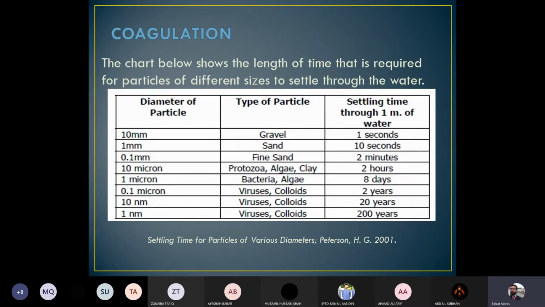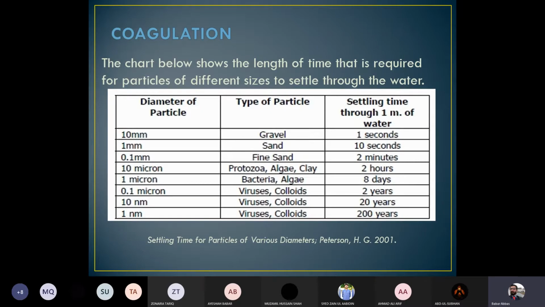So it would be mandatory to have a very huge infrastructure to provide sufficient detention time for the removal of suspended particles from this water batch.